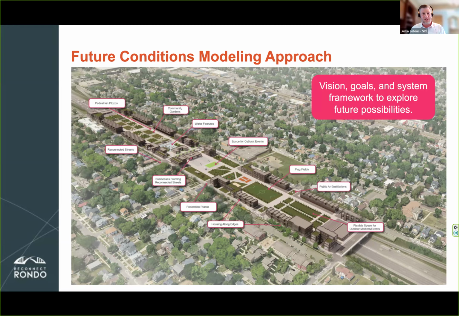We want to understand if there are connections made across or over 94 as part of the land bridge, or what types of land use changes there are. We want to take all of that information into account to really understand what it means for the community as a whole, and what it means for the Rondo area and the surrounding area around the Rondo neighborhood. And with that, I'll turn it over to my colleague Jana to kick us off into the air quality discussion.